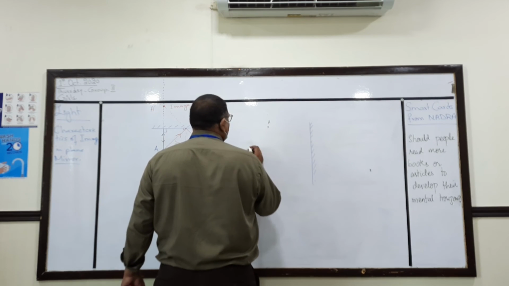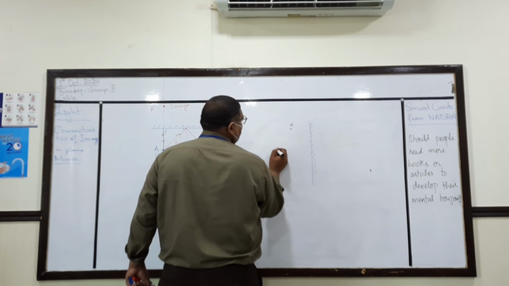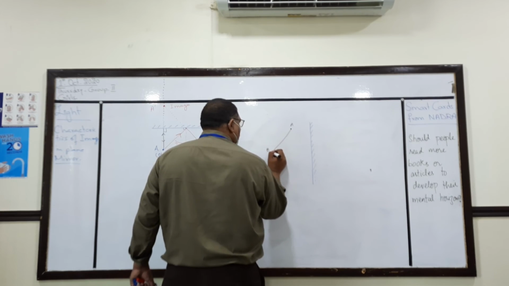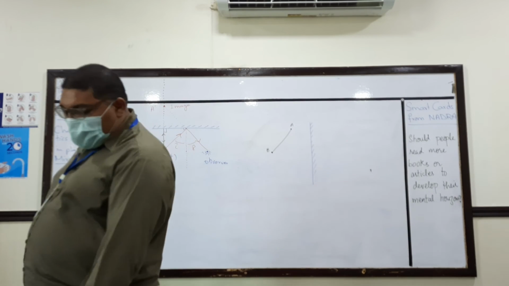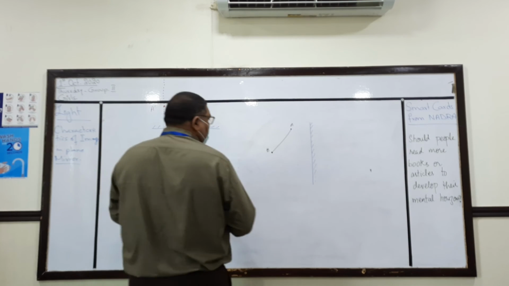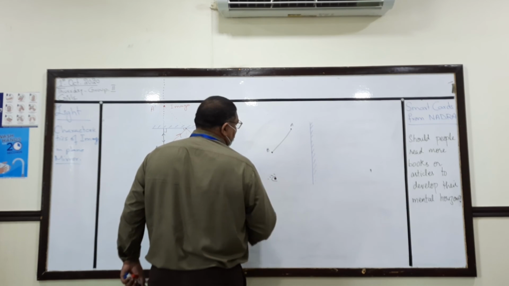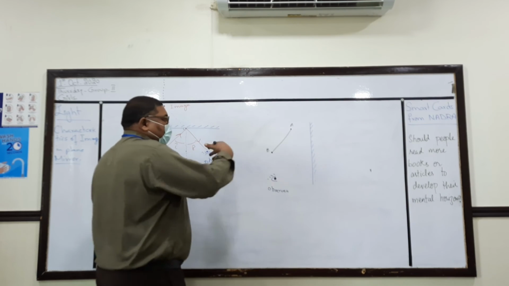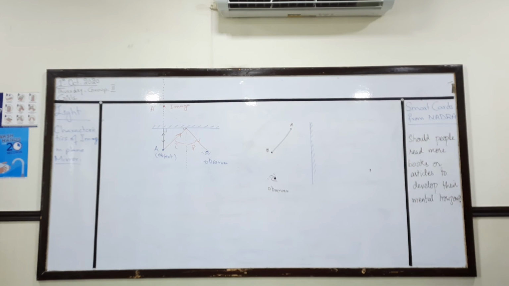Let me say this is A, and this is B, and it's a line. So this is my object, the line AB. Now I want to locate its image. And suppose we have an observer here. This is my observer. When he looks through the mirror, where will he see the image? That's the question.